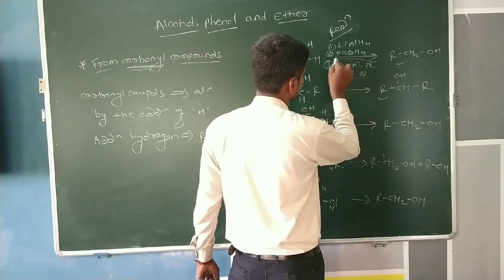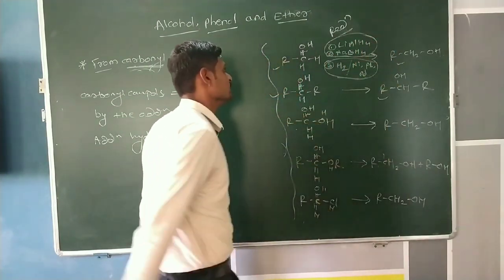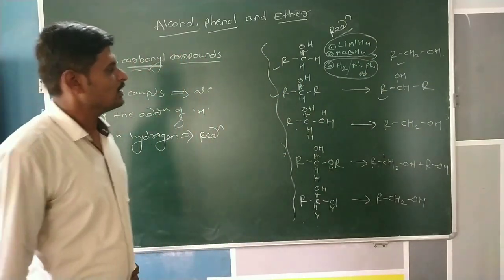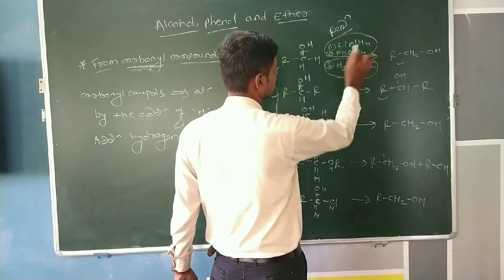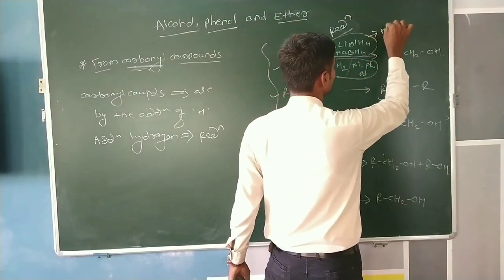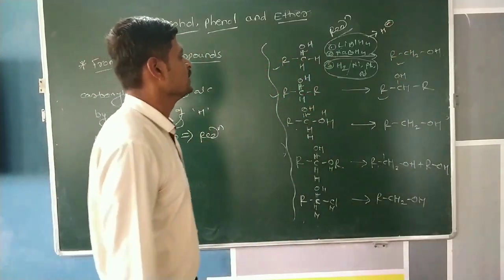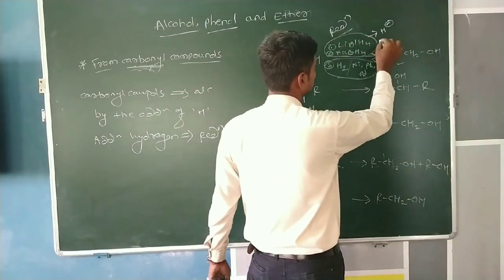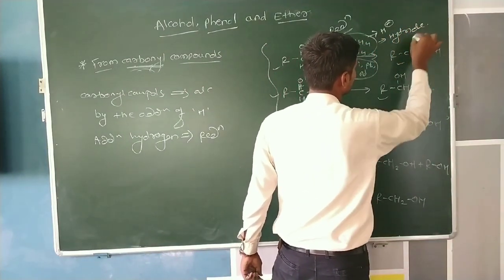Then these two reagents are included in the same part, because lithium aluminum hydride, LiAlH4, or NaBH4 donates the H minus ion. Therefore, these two reagents are known as hydride donors.